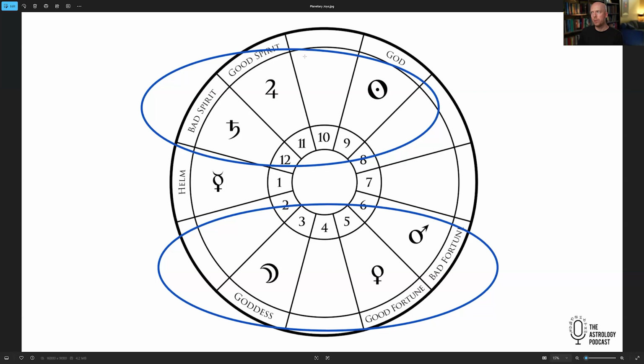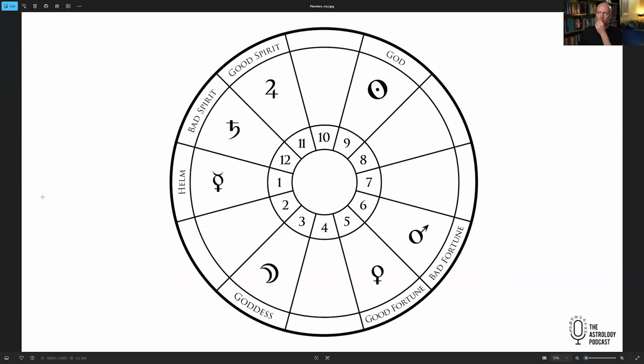There's a bunch of ways in which all of these diagrams intersect in different ways, though. One of them is that when you draw aspect lines from the two luminaries to Mercury, so from the sun in the ninth house to Mercury, you get a trine aspect, 120 degrees, or the equivalent number of signs. And if you draw an aspect from the moon to Mercury, you get a sextile.